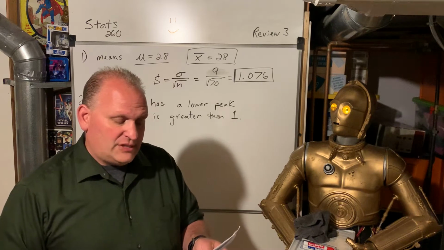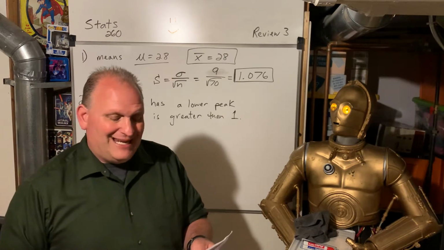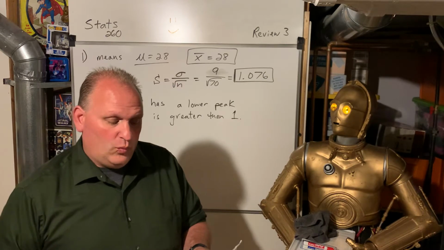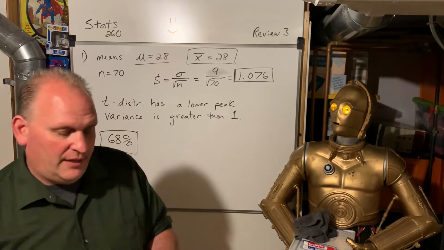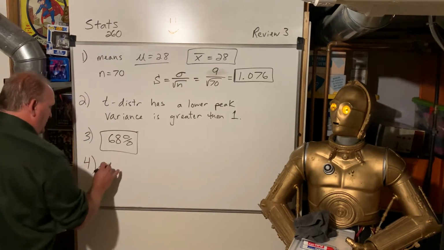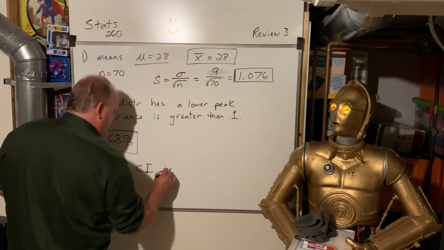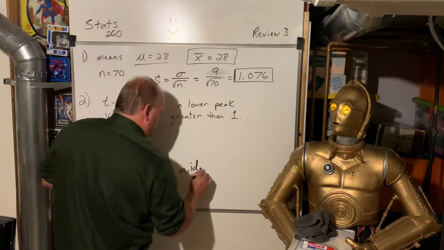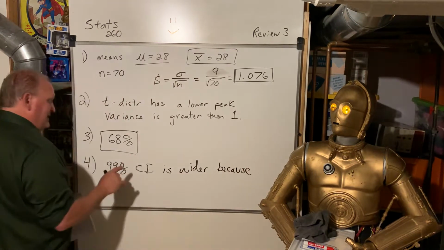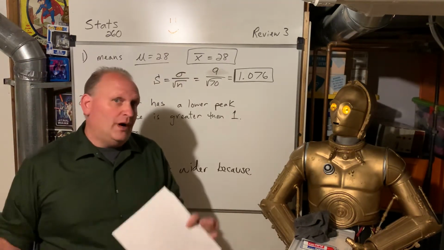Number 4, if we use the same sample to form both a 90% and a 99% confidence interval for the population mean, which confidence interval is wider and why? Well, the 99% would be wider. 99% confidence interval would have to be wider because if we replicated it 100 times, 99 out of those 100 would actually capture the true mean and 1 would miss it.